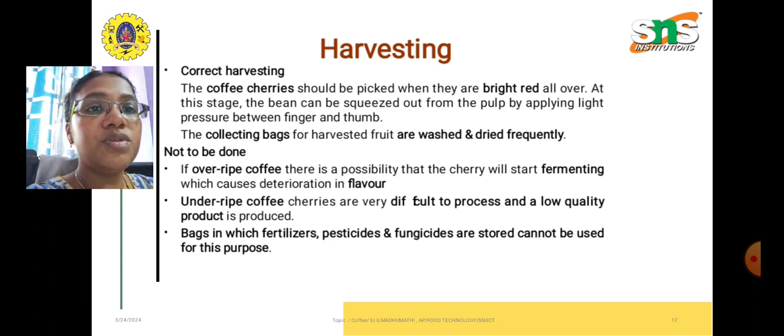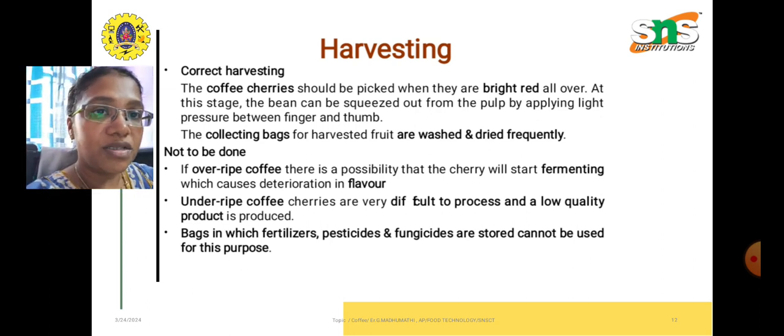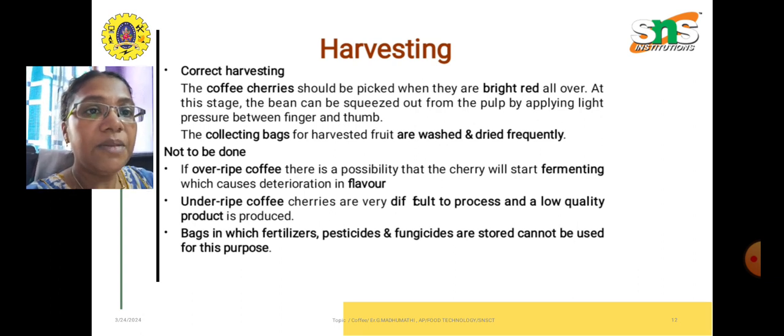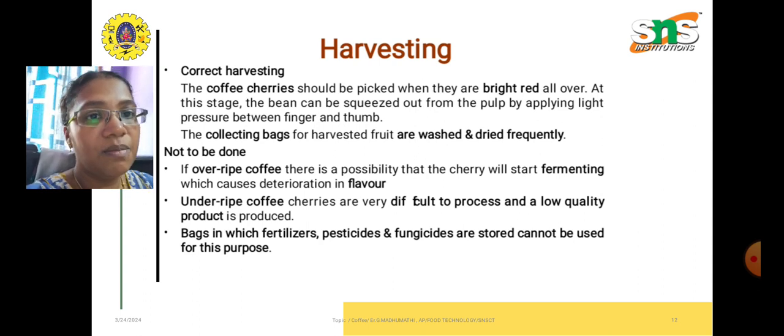So we have to choose the proper stage of ripe cherry for the processing of coffee. Underripe cherries will also be very difficult to process and will yield only a low quality product. Bags in which fertilizer, pesticide, and fungicides were stored cannot be used for this purpose.